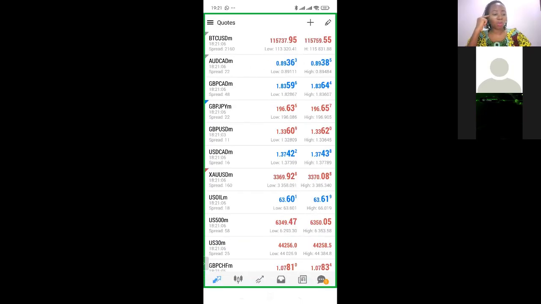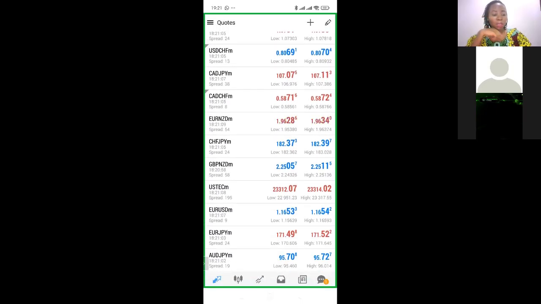So when I go to my list of quotes, I see my list of tradable assets, ADJPY is there. The same way, if I want to remove some pairs or assets here that I don't want, I go to the minus, the pencil icon.